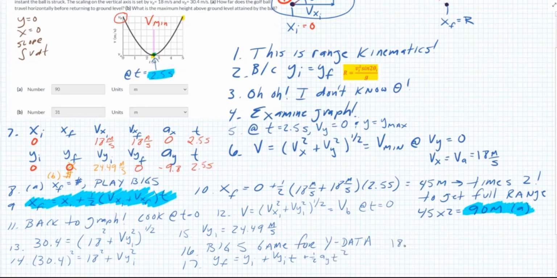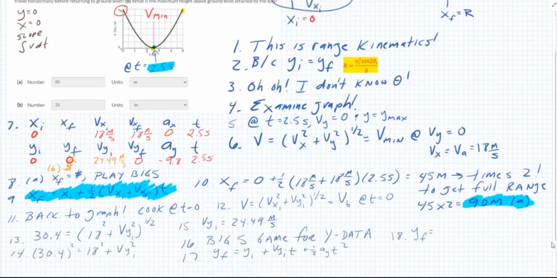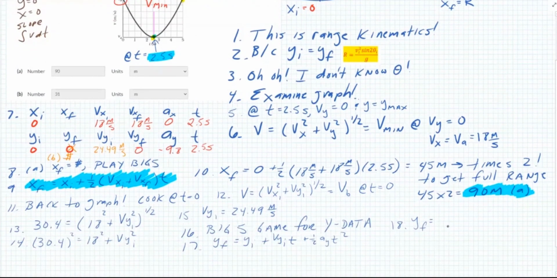Last step. Okay. Your peak height, which is that Y final going from point A to point B, as you see there with my updated data table, equals Y initial, which is 0, plus Vy initial, which is sitting here in my calculator memory location.